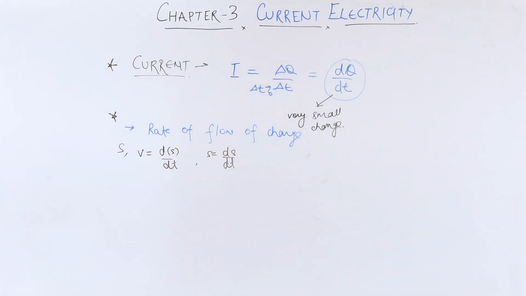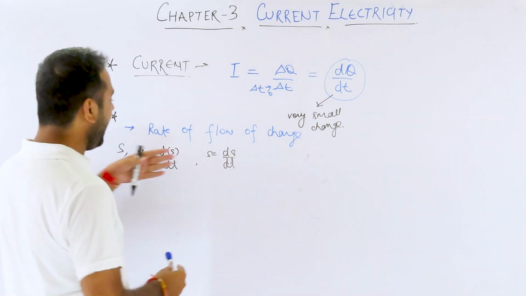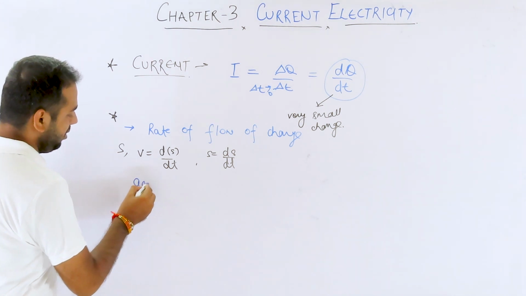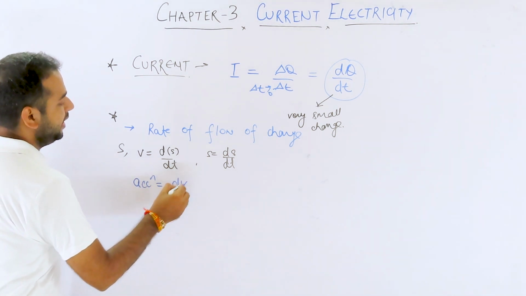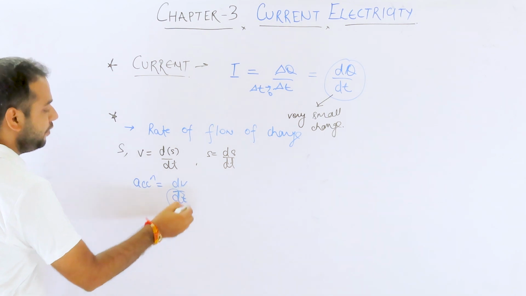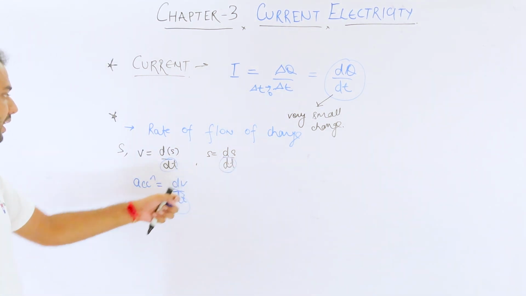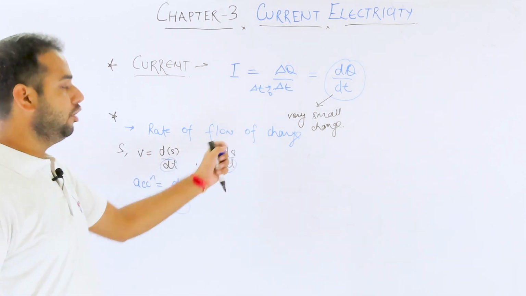What is acceleration? Rate of change of velocity, so we divide by dt.